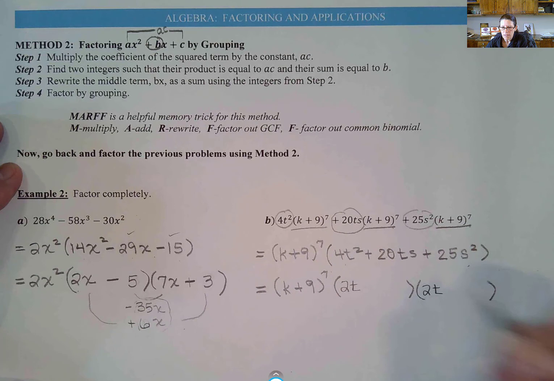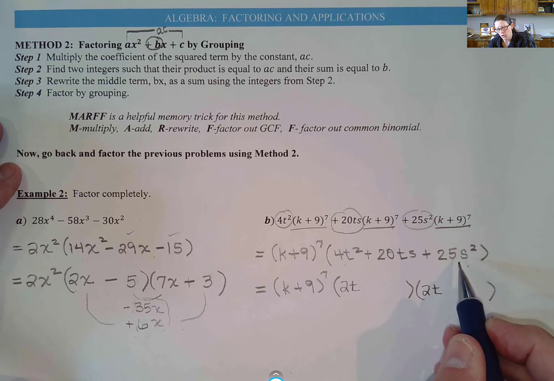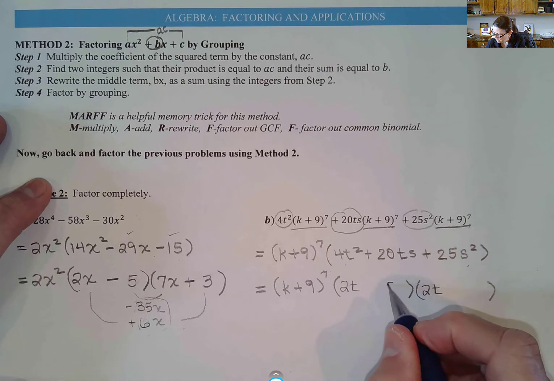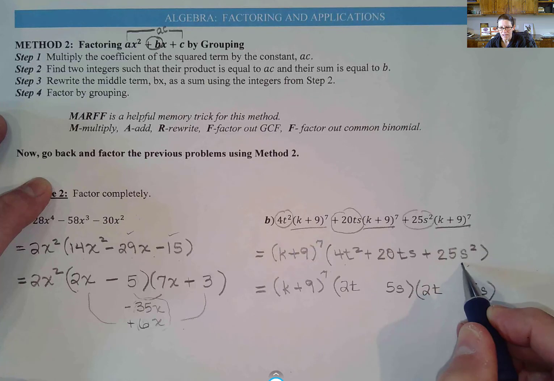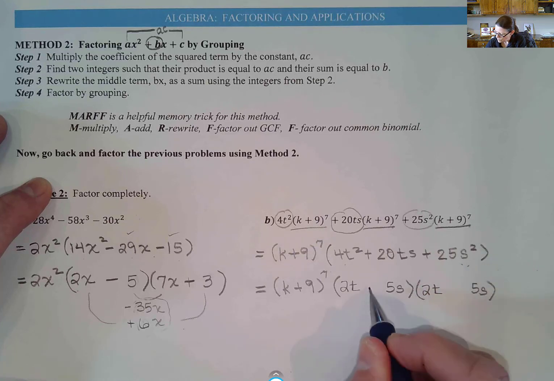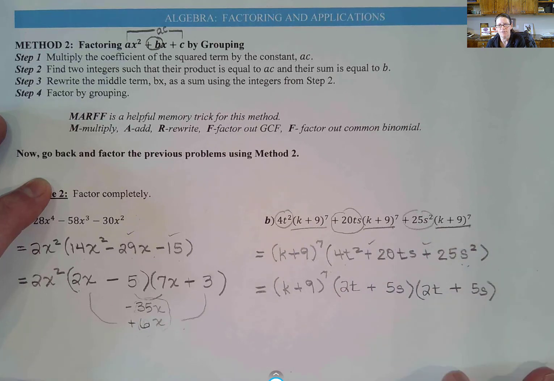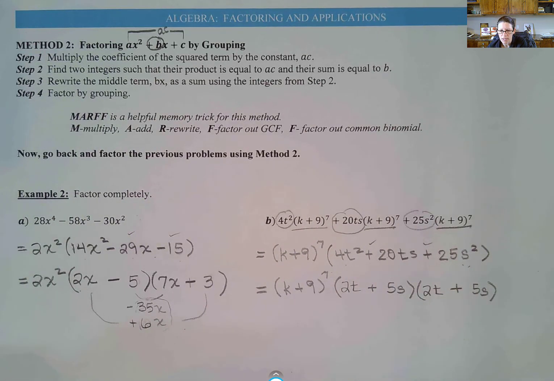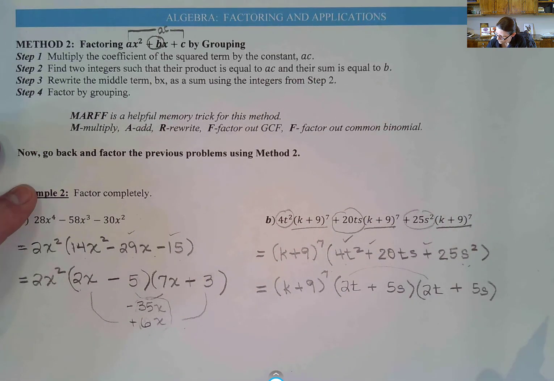We know to use plus symbols because we have all positive terms. And then let's check and make sure this is going to work. 2t times itself is 4t squared. Outer product, 10st. Inner product is the same, 10st, or you might say ts. Combine those to 20ts. And lastly, 5s times itself is 25s squared.